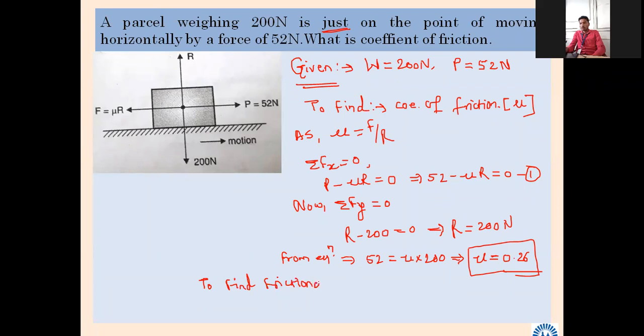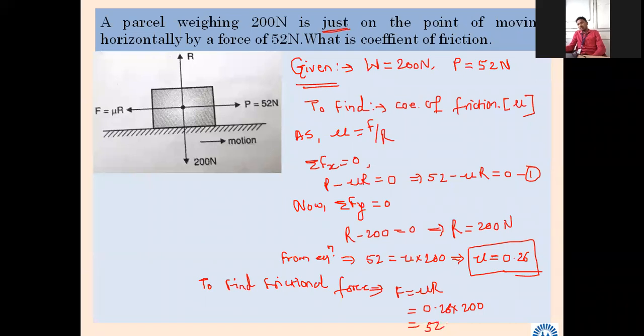That way also we can find frictional force. What is that frictional force? F is equal to mu R. Just check how much it is. Is it coming? Whatever Sakshi you are telling, just check how much it is coming. 52.